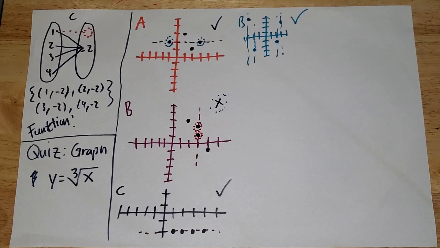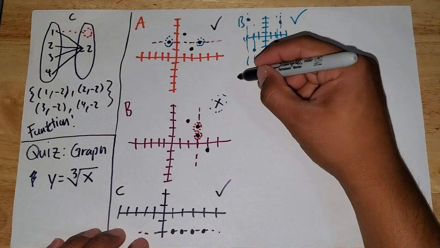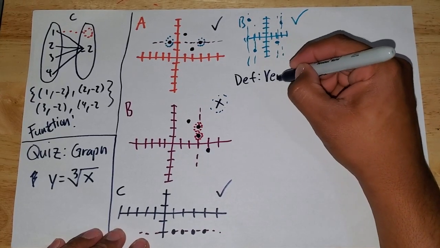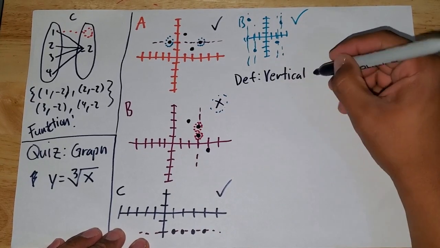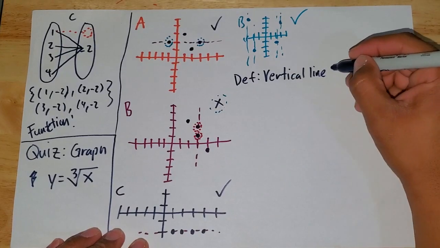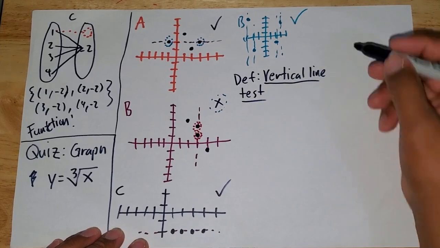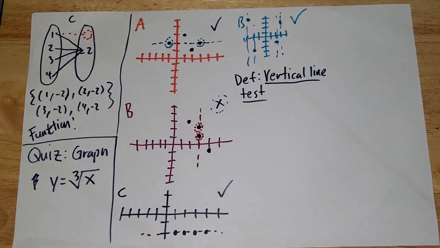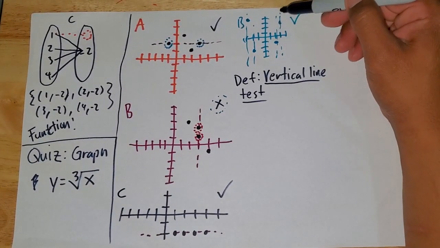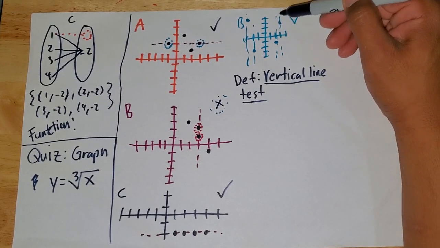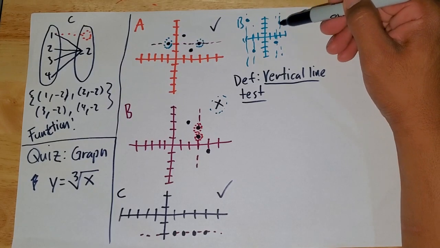Because if they are, that means it is not a function. And this idea of being above each other, I'm sure you're already thinking it, gives birth to the idea of the vertical line test. Because if you saw me, I was already doing it. I was making these vertical lines and showing you how there is no other ordered pair on this vertical line but this one.